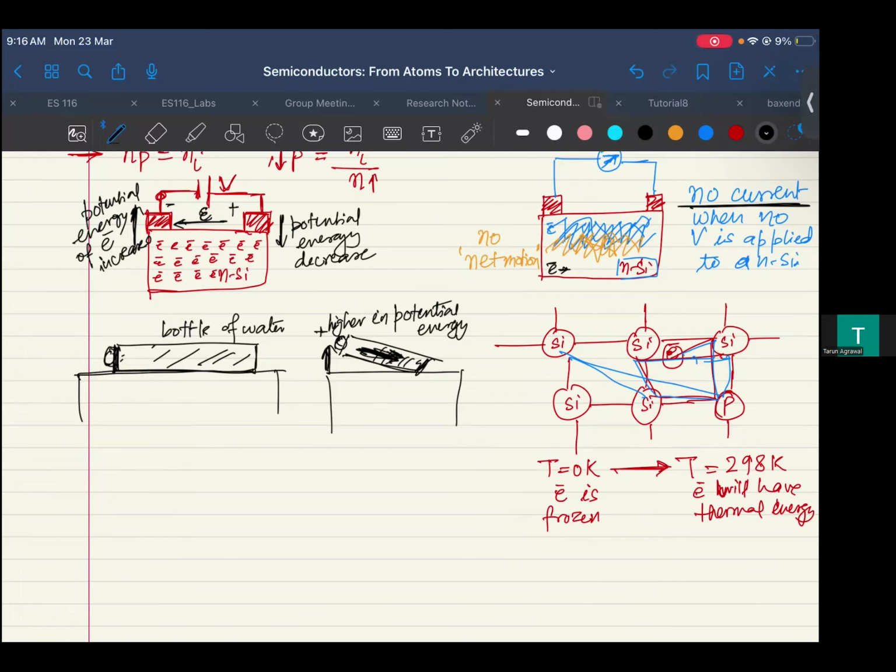Because of that you see there is a force. That is what we call the electric field coming from this voltage, and it applies a force on the electron. That means the electron now feels that it wants to get to this side.